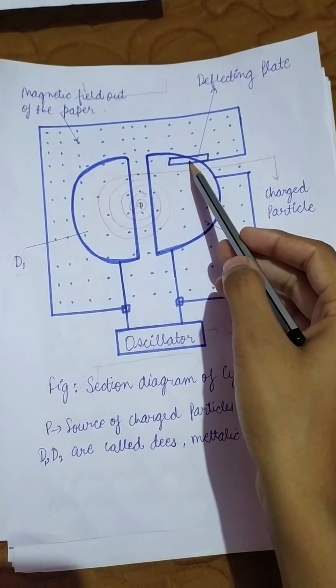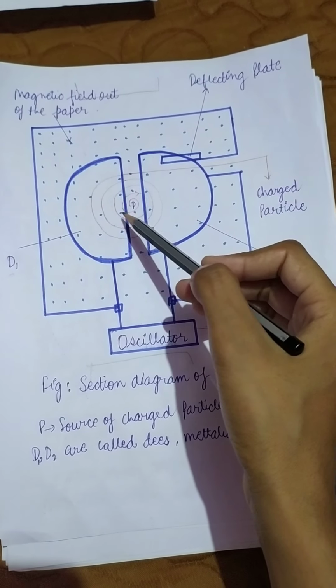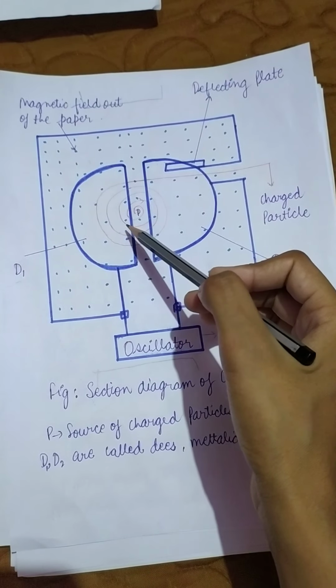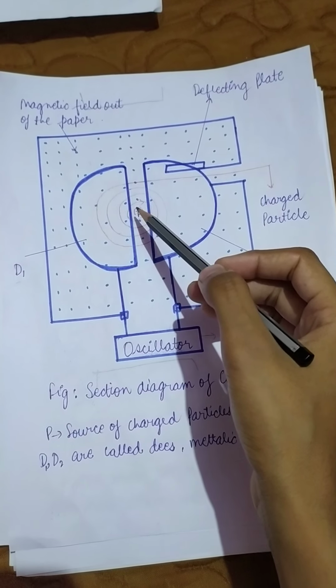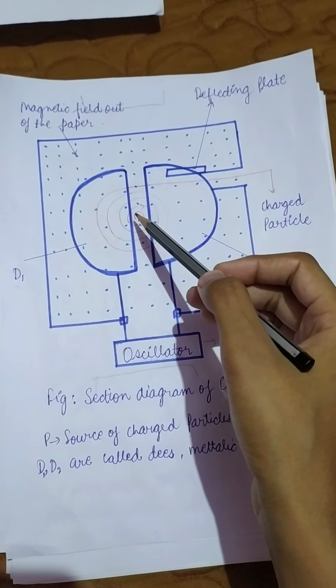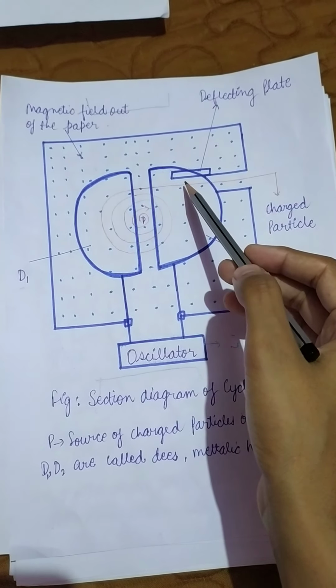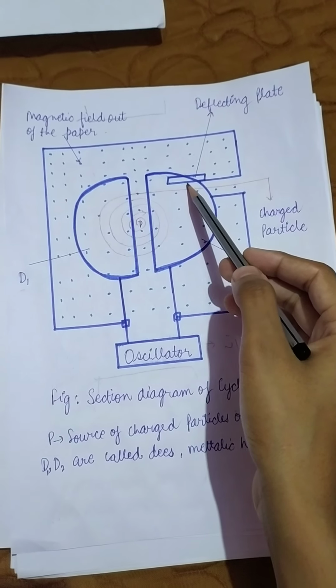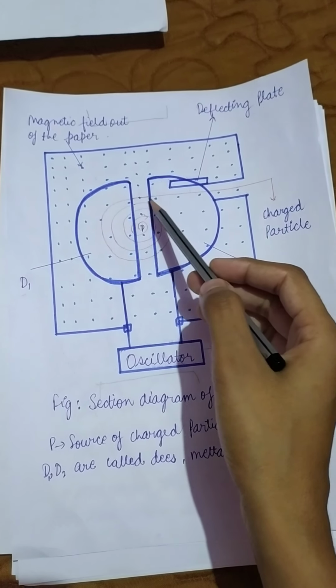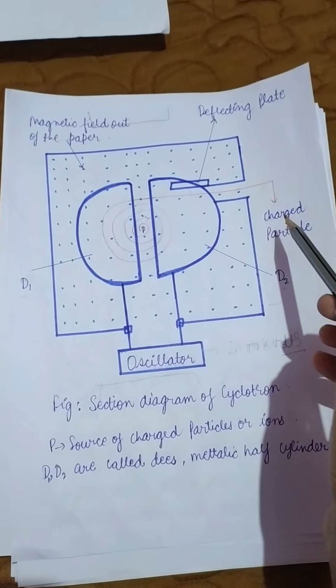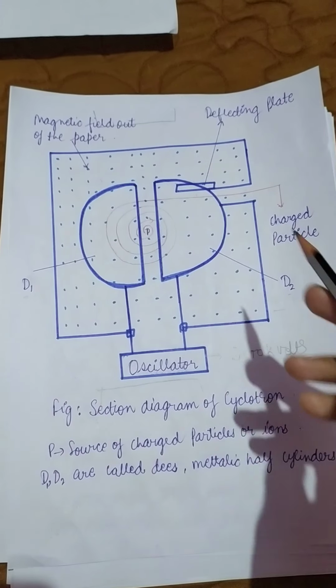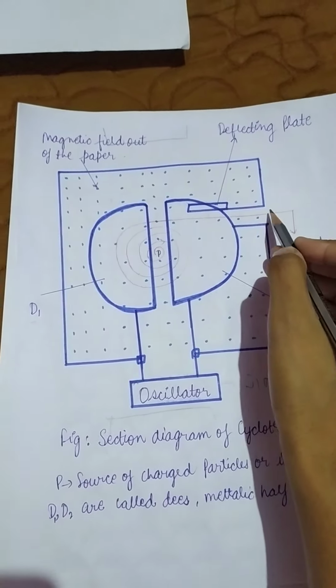This deflecting plate is negatively charged, and the particle that we are accelerating is positively charged. So this positively charged particle will be accelerated towards this negatively charged plate, gain a very high energy, and be accelerated out through this window, I can say through this opening.